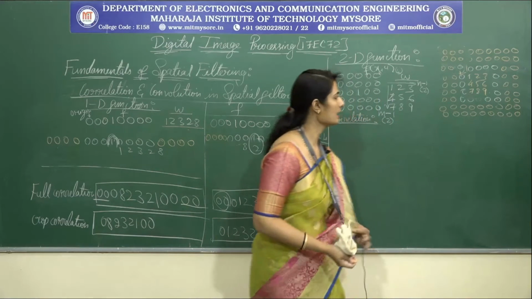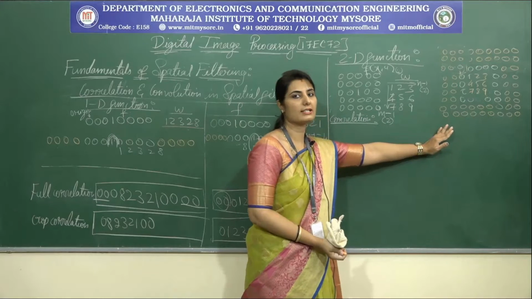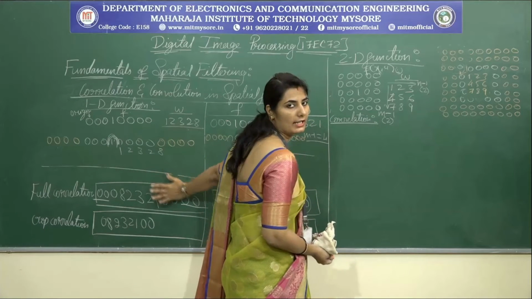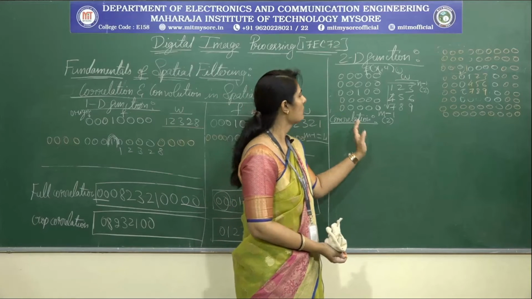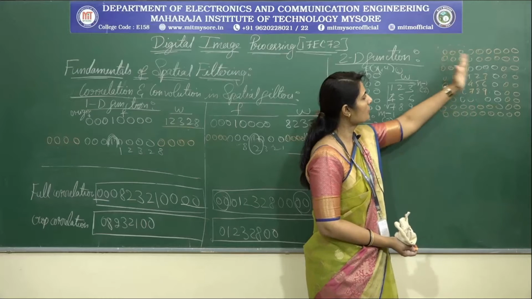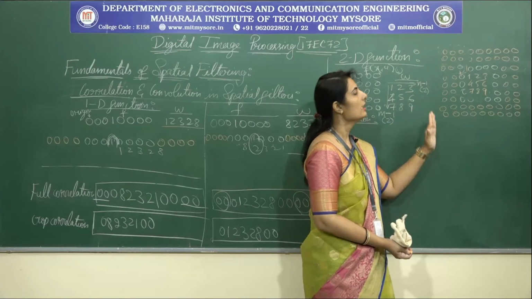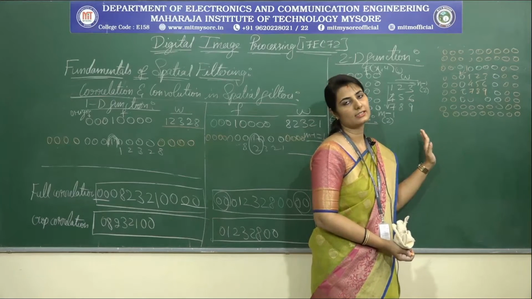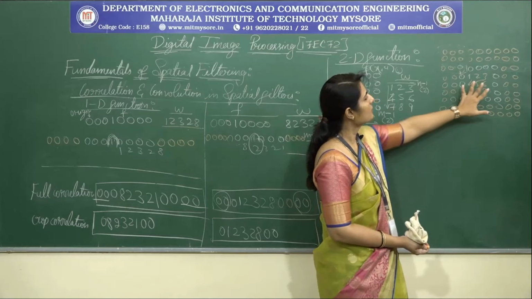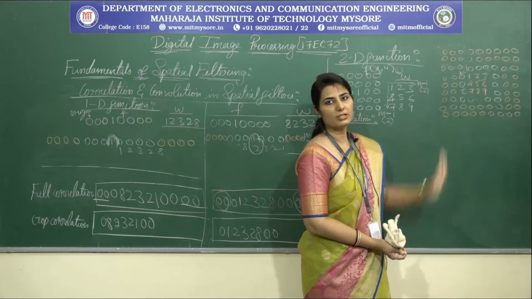Okay, so this is the full correlation result after performing the operation like this, shifting and adding, that is sum of products. And here with full correlation we have some zeros padded and we should remove these zeros which we have padded. Okay, then that would be the cropped correlation result.